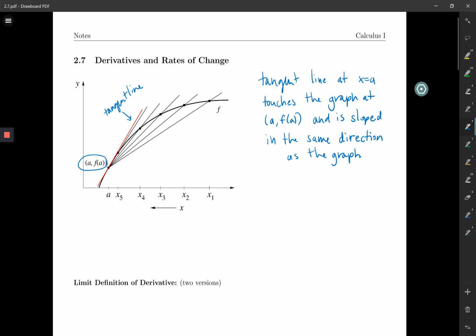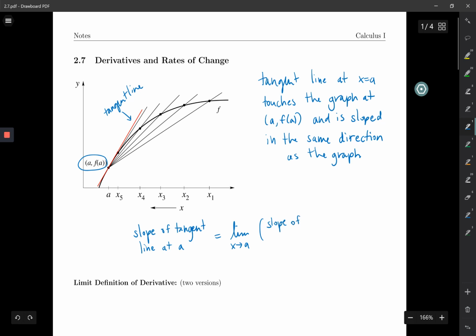And so basically what we want to do is say that the slope of the tangent line at a is equal to the limit as x goes to a of the slope of the secant line through x and a, right?